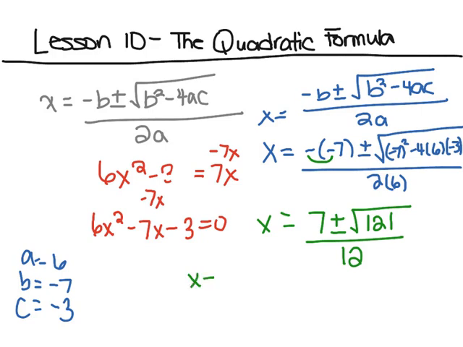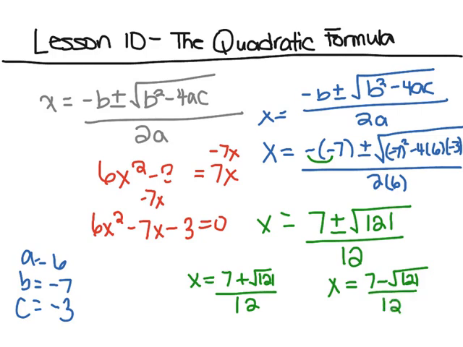So we can either have x equals 7 plus root 121 over 12, or x equals 7 minus root 121 over 12. And the square root of 121 is, in fact, 11. So we have 7 plus 11 over 12, which is 18 over 12, which you simplify to 3 over 2.